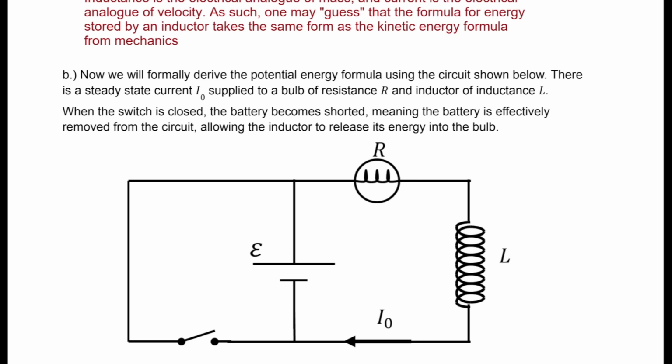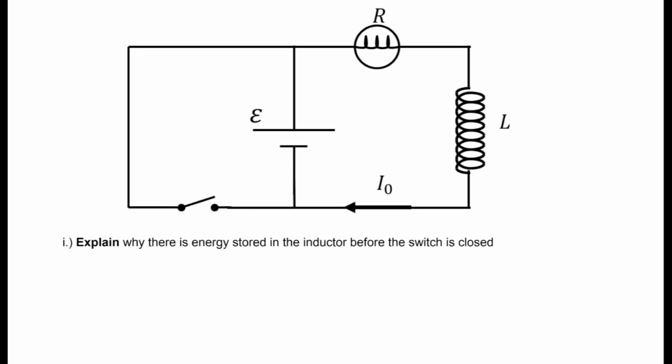All right, so this circuit has reached steady state conditions. So we have a battery that's just pumping a constant current through the inductor. So the inductor is now happy. There's a steady state current. And as such, there is a bunch of magnetic field that exists inside the coils of this inductor.